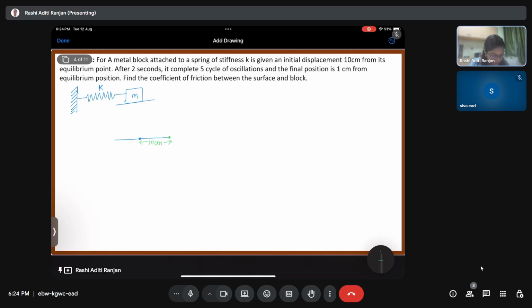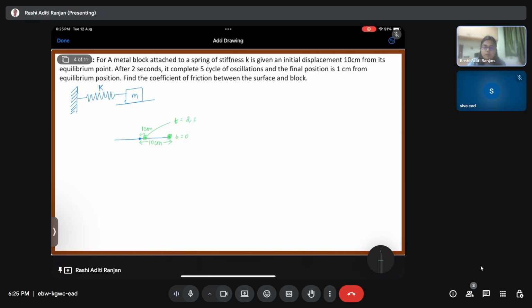Means after 5 oscillations, it is somewhere here at 1 centimeter. So it started from here. The block was here at t equals 0, and now it is here at t equals 2 seconds.